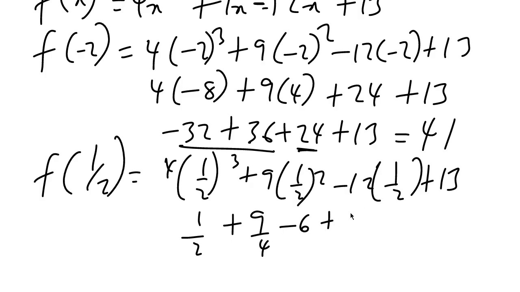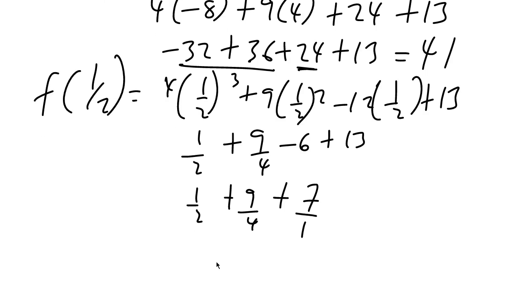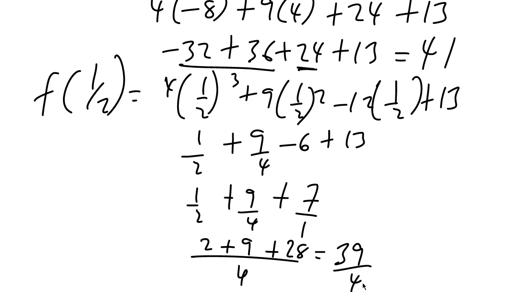So that's negative 6 plus 13, which is half plus 9 over 4 plus 7, right? Which is 4 divided by 2, 2, plus 4 divided by 4, 1 times 9, 9, plus 4 times 7, that's 28, which is going to give us 39 over 4.